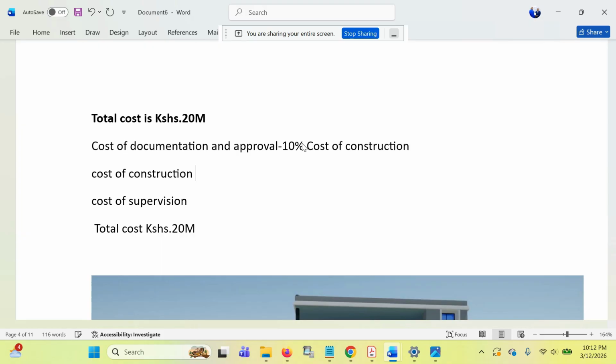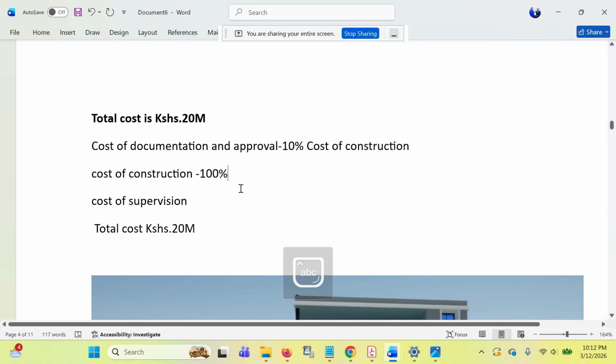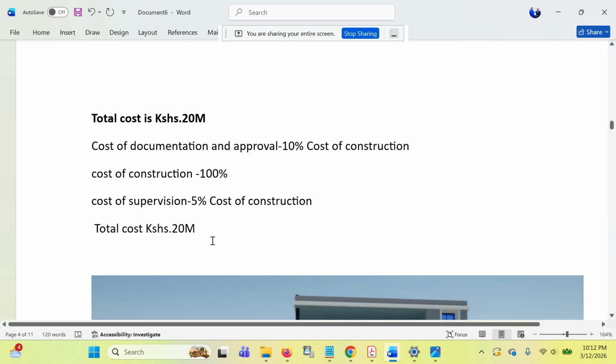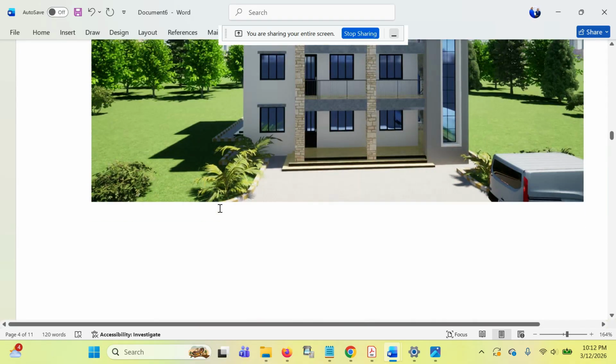Now, usually, for the cost of documentation and approval, you can give an allowance of 10% of construction costs, and usually the cost of construction we equate it to 100%.